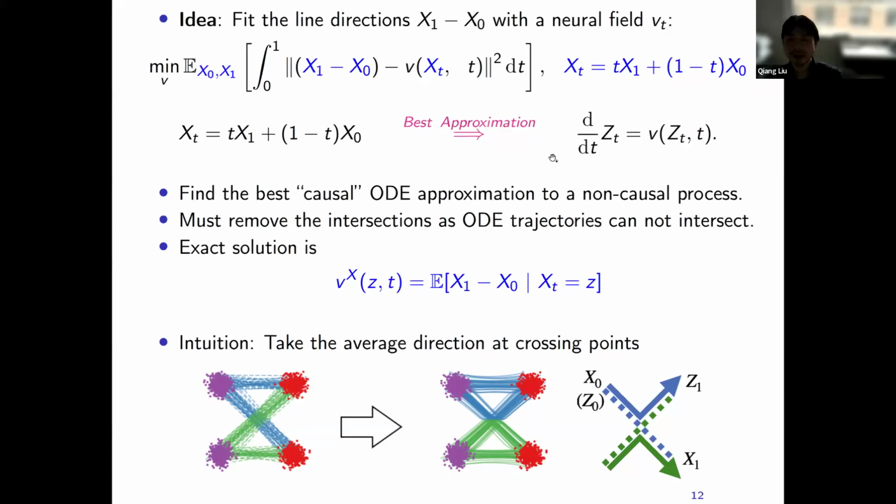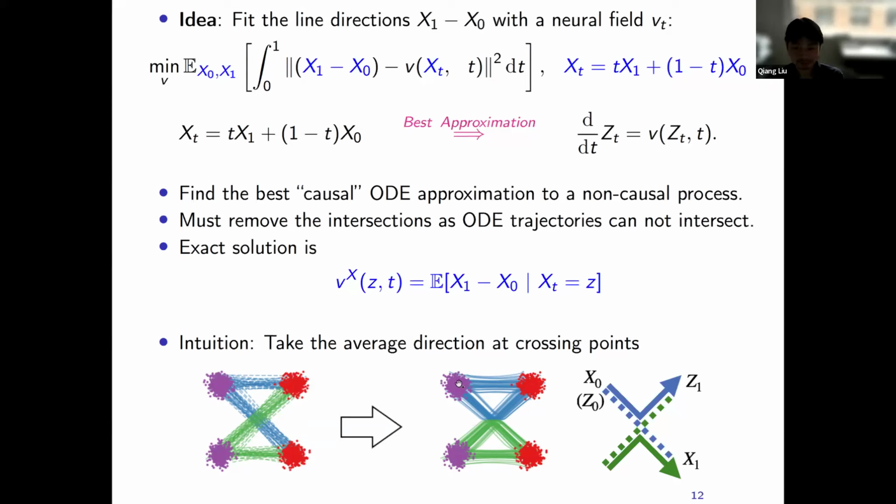And then if you simulate from this differential equation, we end up with a trajectory on the right-hand side. The differential equation will try to fit the original linear interpolation as much as possible, but at the intersection point, the trajectory has to be biased so that they don't intersect.